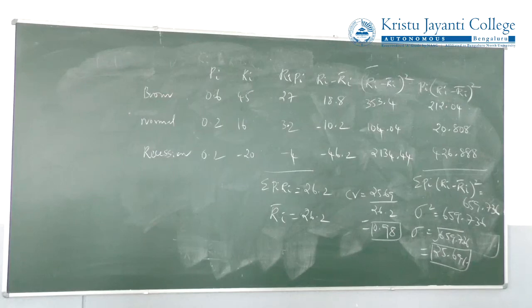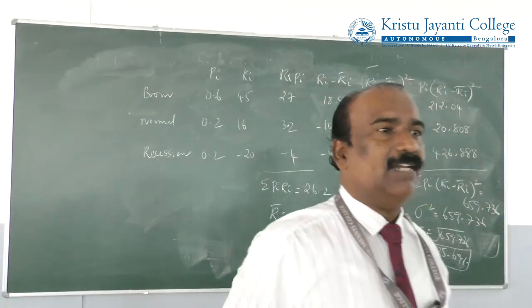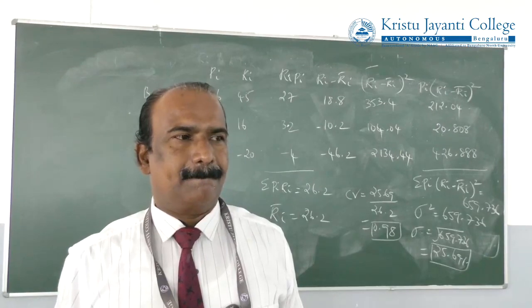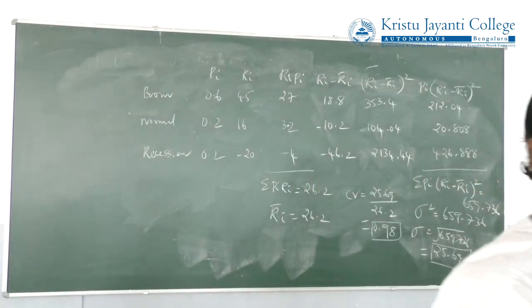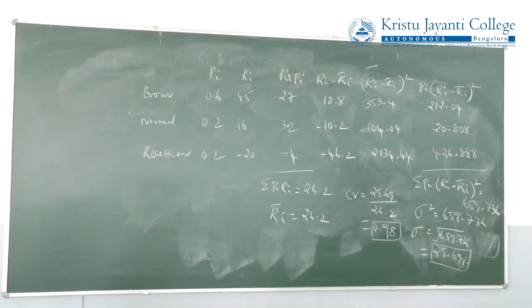Pre-IPO, they provide the base for the price, a base for retail investors to decide whether to buy or not. Anchor investors are usually institutional investors, not individuals. It is a term you need to understand, because it's not in the syllabus, but we discuss many things outside the syllabus.